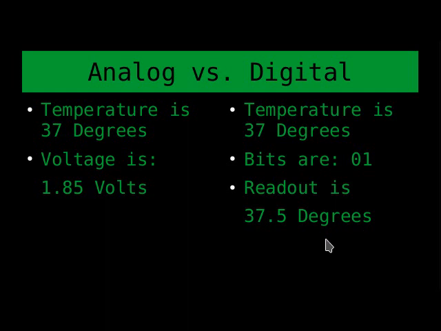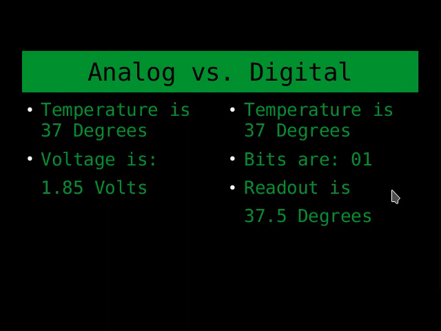But anything in that range is all going to be read out as 37.5. So if it's 26 degrees, it still shows it as 37.5. You fix that by adding more bits, more decisions, splitting that range up further.